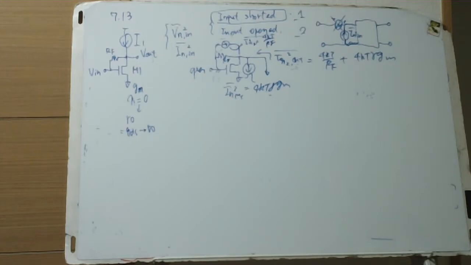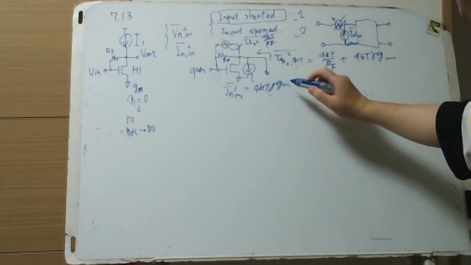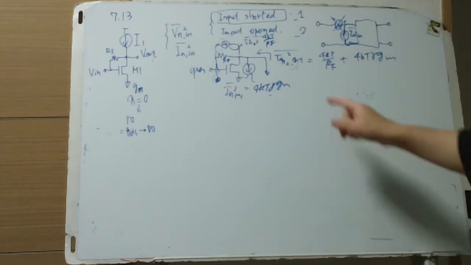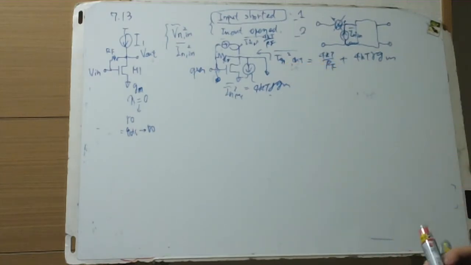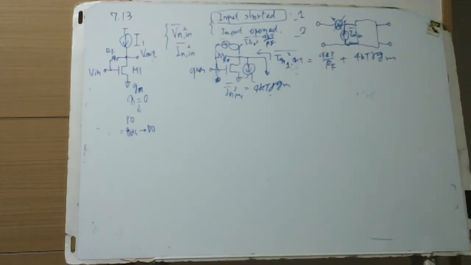So what about V in? But this is, no. This is if this is shorted. This is for this false, and this is suffix 1.